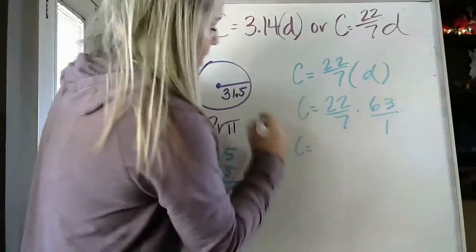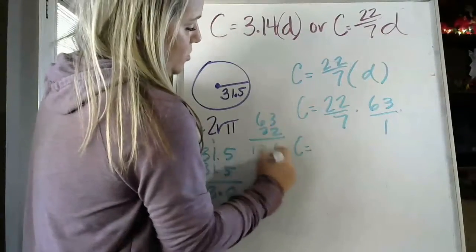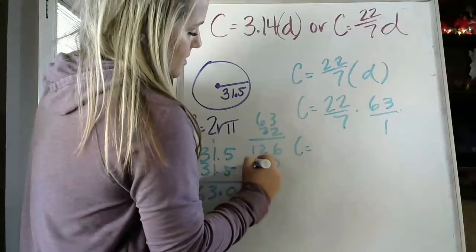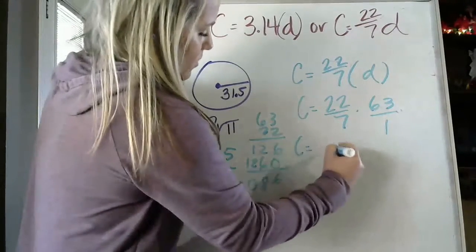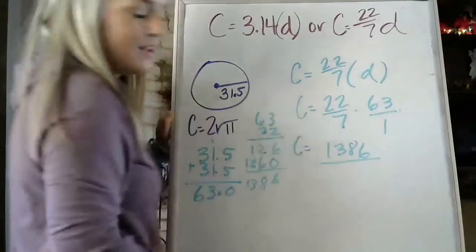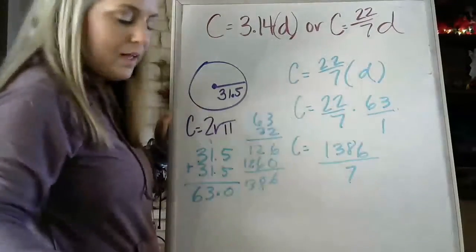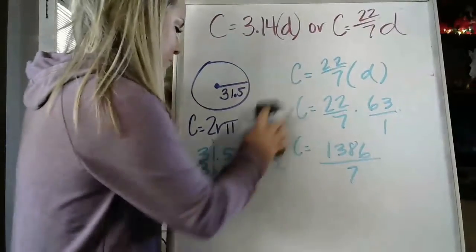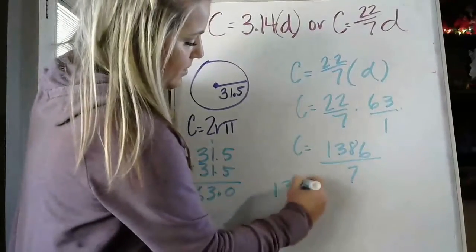So it would be 63 times 22, which is 1,386, over 7, and then you'd have to divide that.